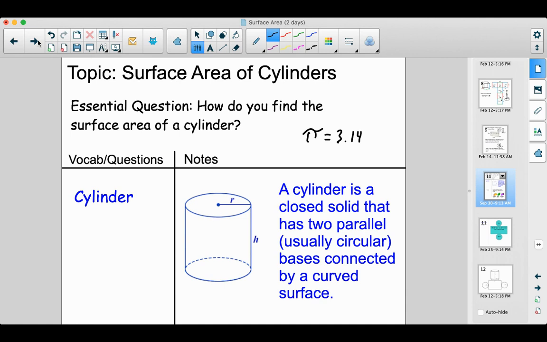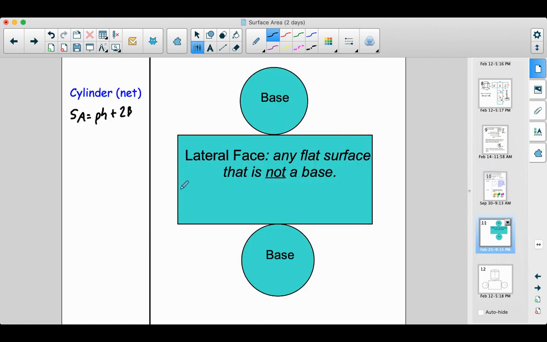So to find that lateral surface area, the area of this rectangle, you have to do the circumference times the height. This is the circumference, and this is the height of the prism.